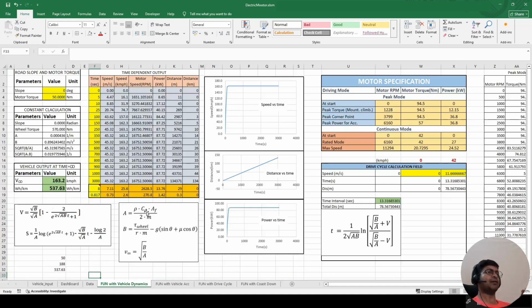A is dependent upon the frontal area, drag coefficient, mass, and the air density, and B is dependent upon the rolling resistance coefficient and some other parameters. So it's not the individual parameters, but the combination of these parameters I'm interested in. Now coming to the coast down, how it can be beneficial for the motor manufacturer to solve this conflict.